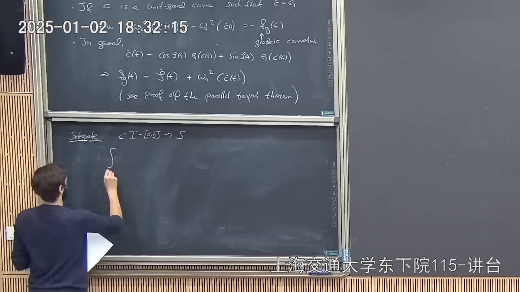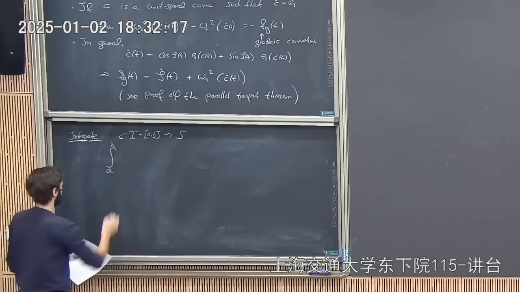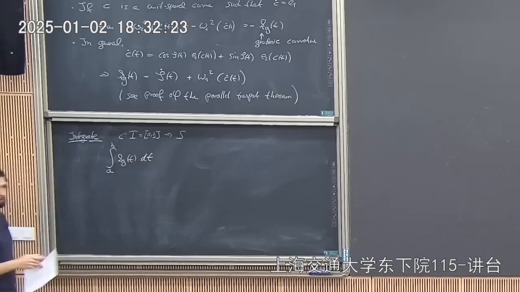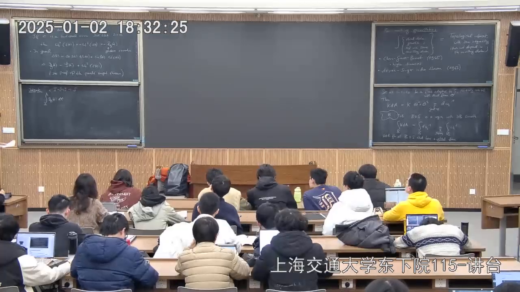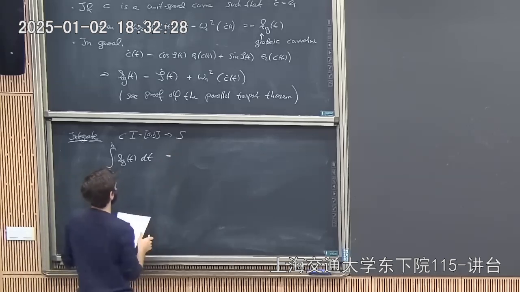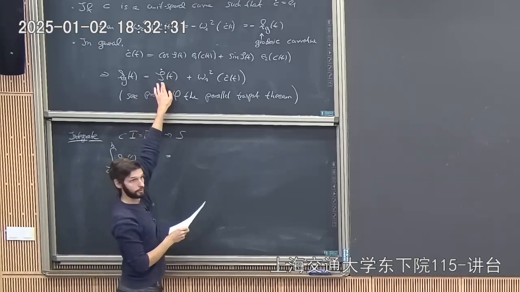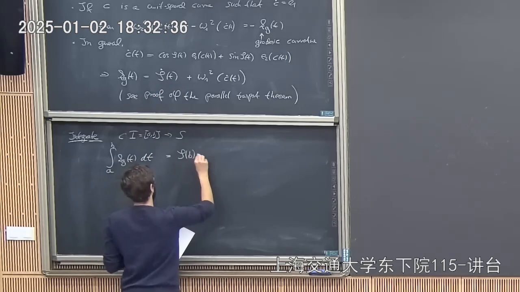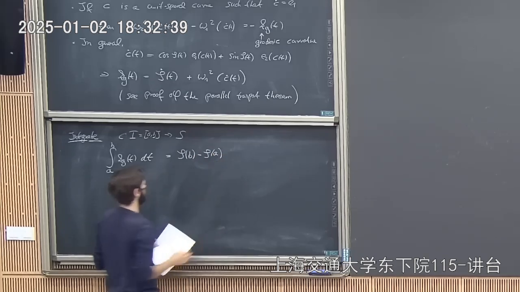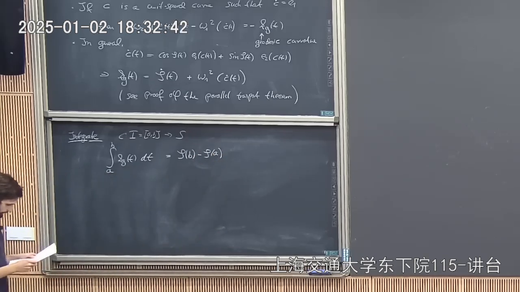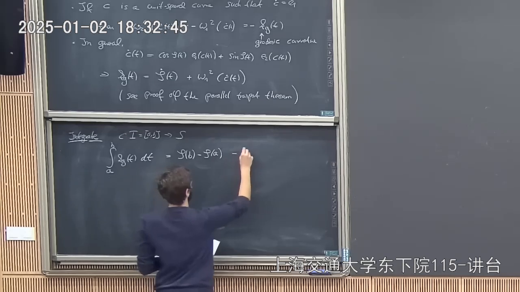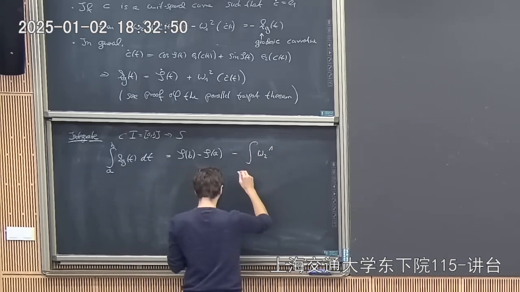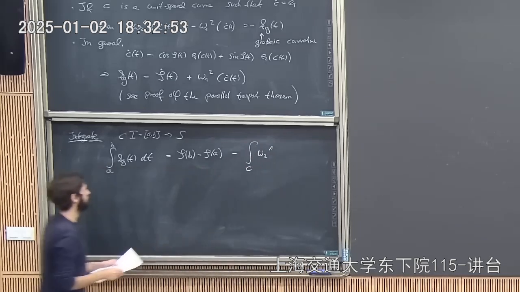What we get then is the integral of the left-hand side, the geodesic curvature, and then we end up with just the fundamental lemma: phi of B minus phi of A, and then minus the integral of this one form over the curve C.